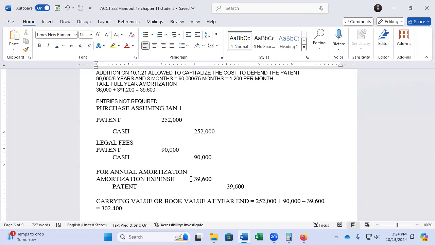You got practice one there. After this, obviously I'll leave this up for you, but you can just take a few minutes and go through that, and we'll talk about which ones are intangible assets and which ones are not.